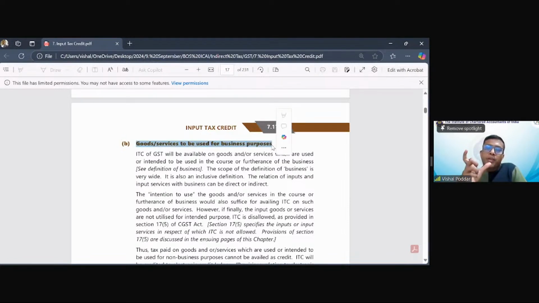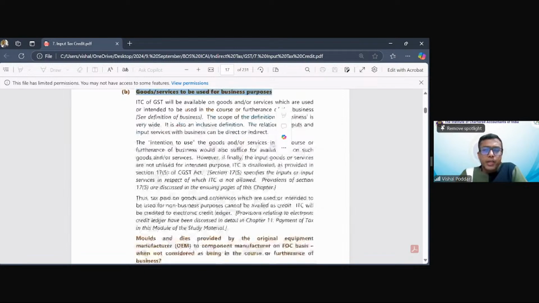This is a phrase used throughout the GST law: in the course or furtherance of business. That is what is simplified to say: you should be using the goods or services for your business. Until and unless the goods and services are for business, your amount is not eligible as ITC.